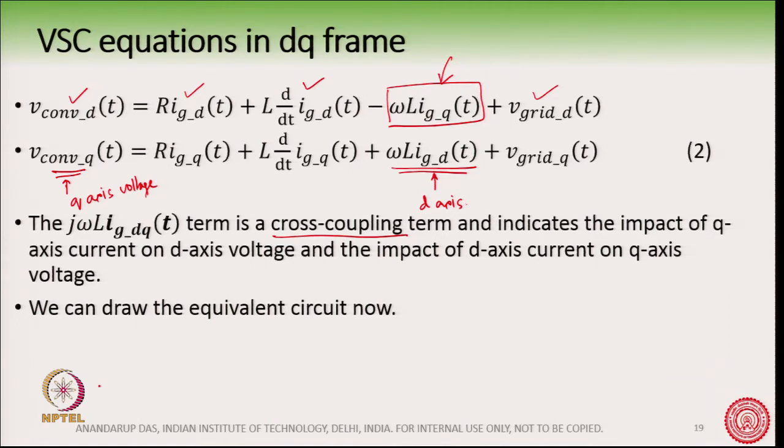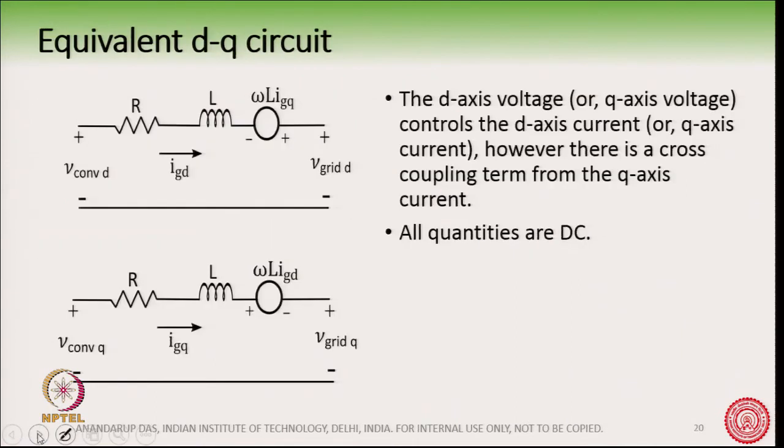Therefore, now we can draw the equivalent circuit. Here I am showing you the equivalent DQ circuit, which is obtained right from the equations we derived in the last slide. You have the V_conv d axis voltage, d axis current and V_grid,d, but there is this cross coupling term coming up.